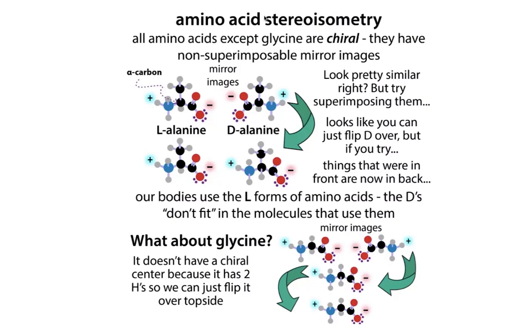In the case of the amino acids, it's just a convention based on their similarity to D-glyceraldehyde or L-glyceraldehyde, which is the simplest sugar. If they have the same stereochemistry as L-glyceraldehyde, we call it L, because L-glyceraldehyde rotated light to the left.